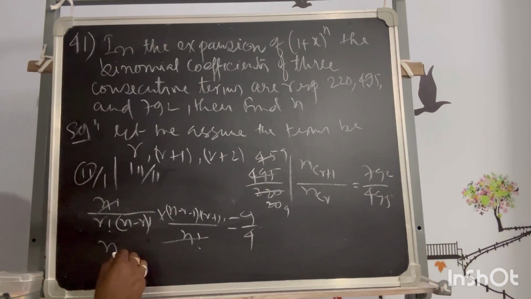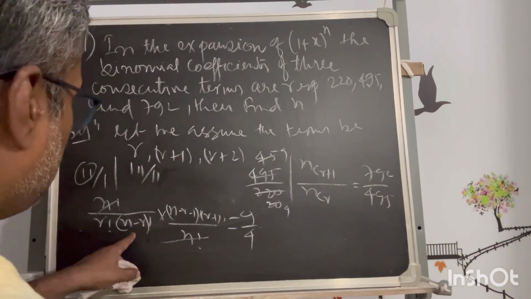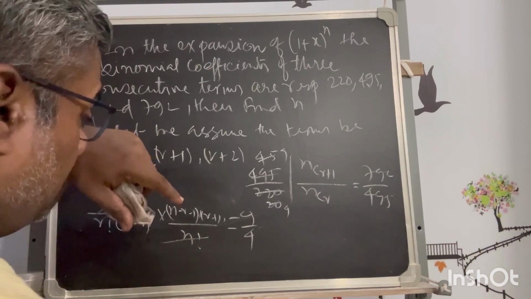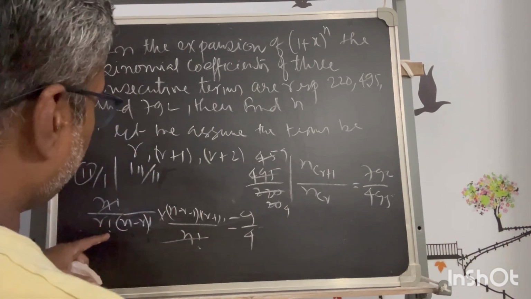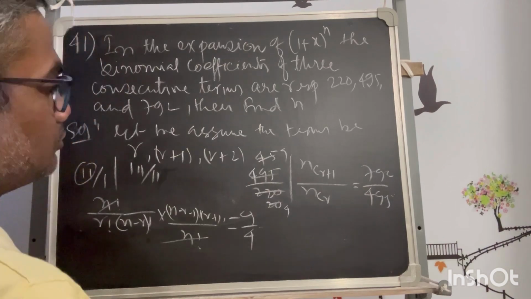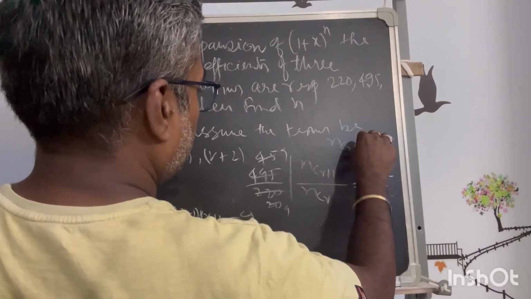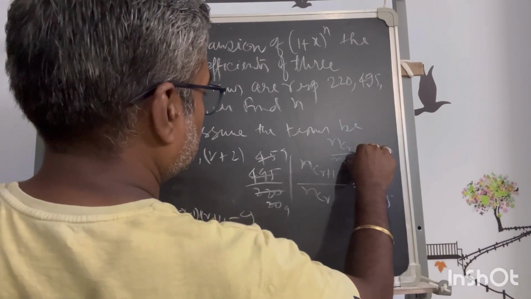I am dividing this by this. The term at the top was nCr by nC(r minus 1), no?